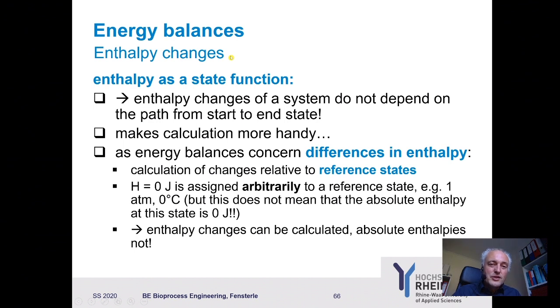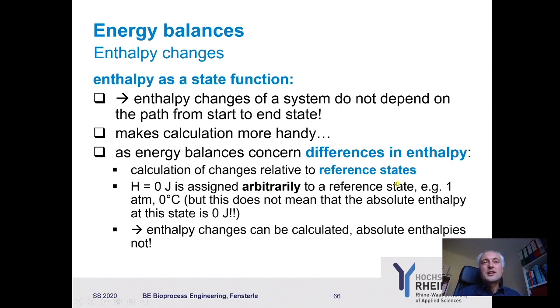Now, the cool thing, what you know from thermodynamics, is that enthalpy is a state function, so changes of a system do not depend on the path from the start to the end state. And this is, of course, cool if you want to calculate these enthalpy changes. Now, as energy balances concern differences in enthalpy, you always need to calculate relative to a reference state.